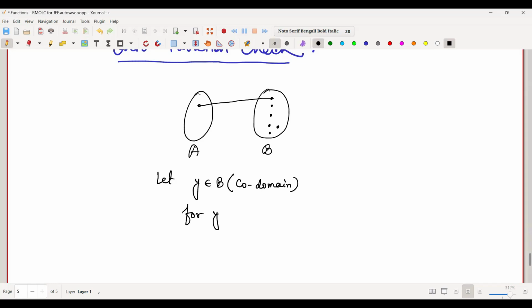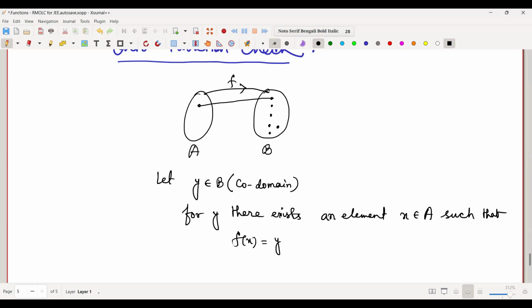Because y is arbitrary, we have not chosen any specific y from B, we have chosen an arbitrary y from B. So for y, suppose this function is f, there exists an element x belongs to the set A such that f(x) equal to y.